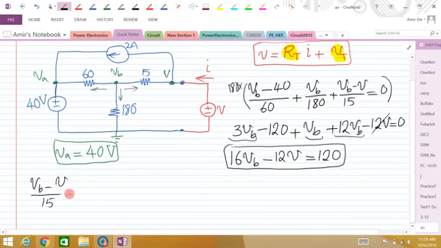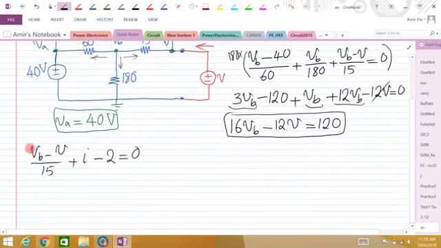This current entering is I, and 2 amps leaves. So from this equation I can deduce that my VB will be 2 minus I, going to the other side, times 15, so 30 minus 15I plus V.